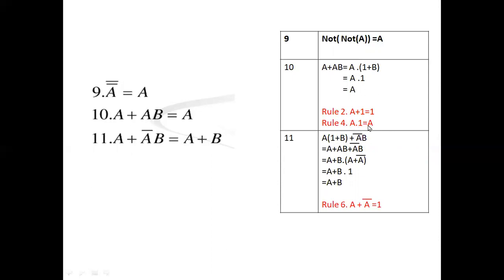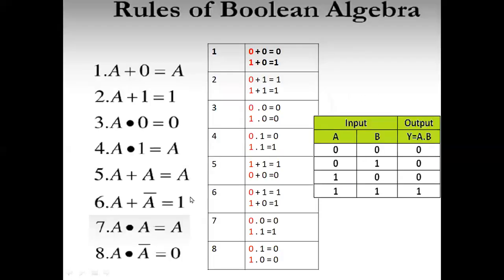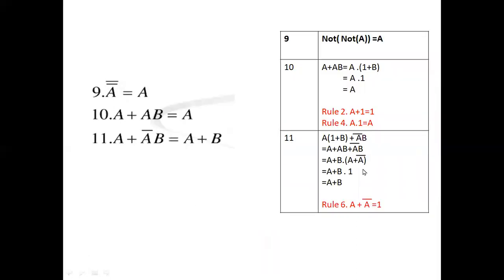A dot 1 is equal to A. So in the place of 1, I am taking 1 plus B, because 1 plus A is always equal to 1, plus A bar B, that is there here. And if you multiply individually, it is A plus AB plus A bar B. Then from these two, take B common, then it is A plus A bar. A plus A bar is equal to 1. Therefore, the answer is A plus B.